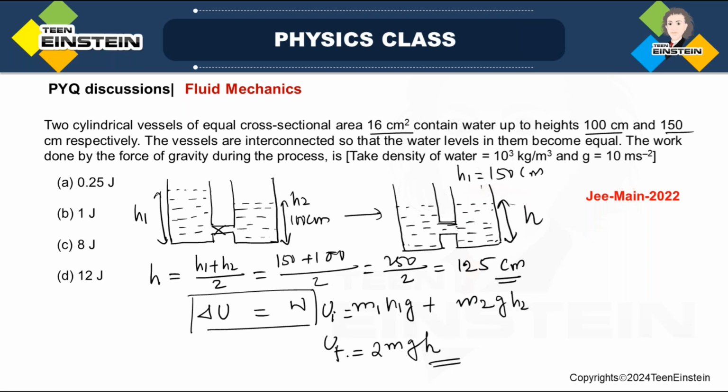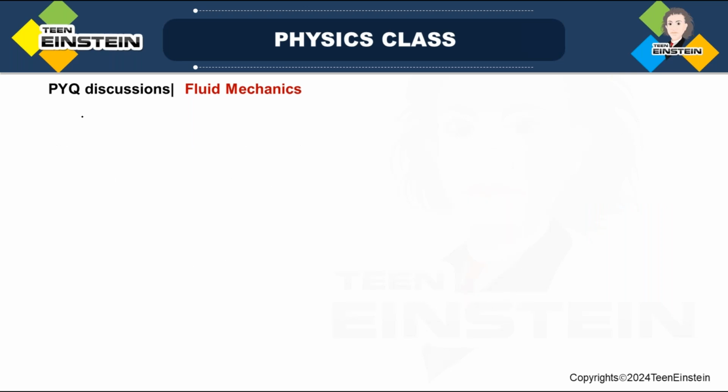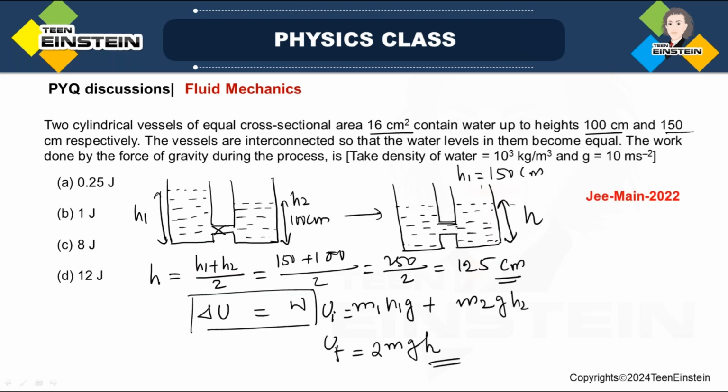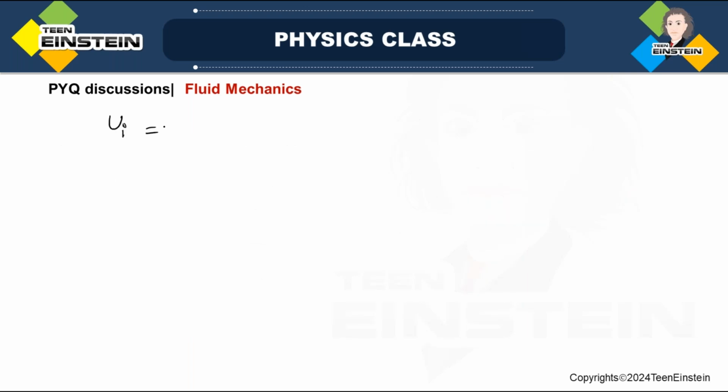Now you take the difference, Uf minus Ui, so that will actually give you the work done. Obviously we have to take the modulus. Let me check now. What is the initial potential energy? The density of the water is given, volume we know, the area in centimeter square is given. So m1 means area of cross section, A h1 into rho into g, into h1.